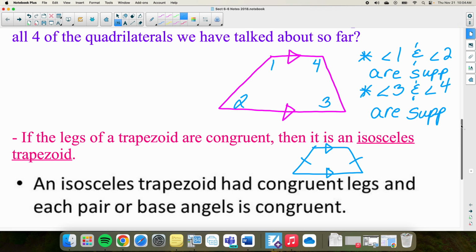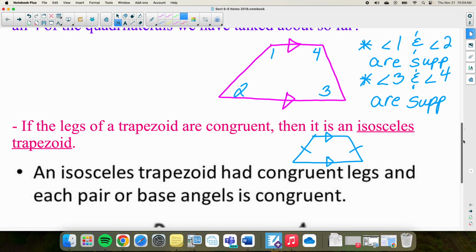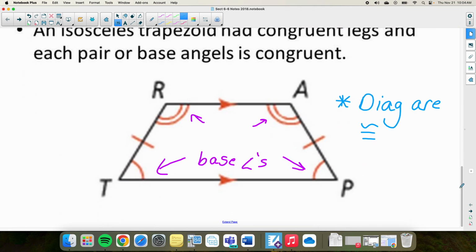So these two are supplementary as well as those two. And the reason is these two are consecutive interior and these are parallel. Okay, so these two add up to 180 as well as those two do. And then if you look down here, that would be the case too. Like if you named this one 1 and 2 and 3 and 4, you could still say for this one, if you wanted to, that angle 1 and 2 are supplementary as well as angle 3 and 4 are supplementary.